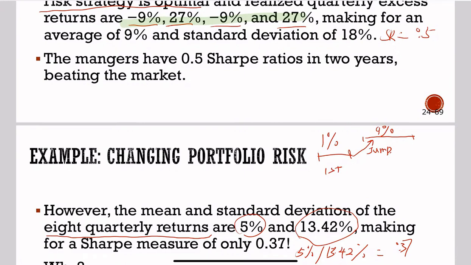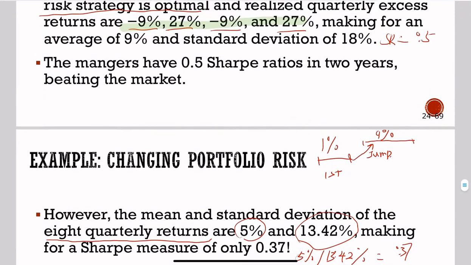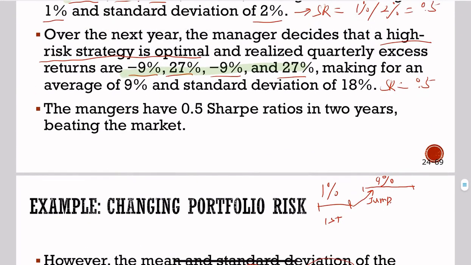However, this jump will not appear in your calculation if you separately calculate Sharpe ratios in year 1 and year 2. But should you include this jump in your calculation? You should not, because this jump is really due to the manager's different investment strategy.